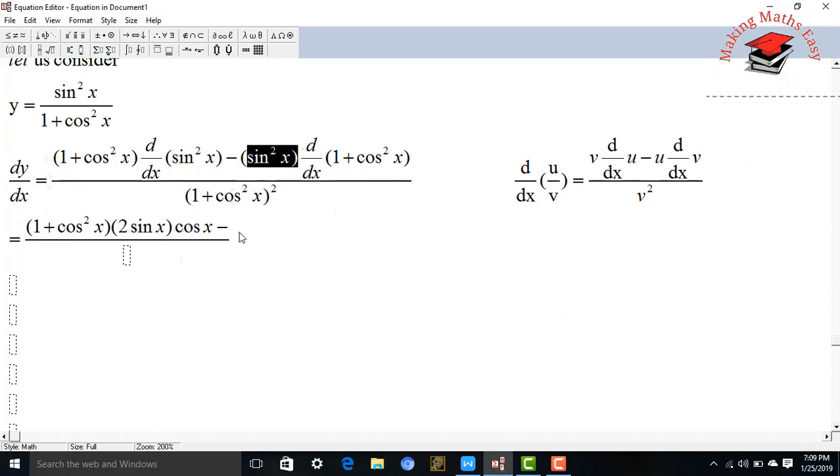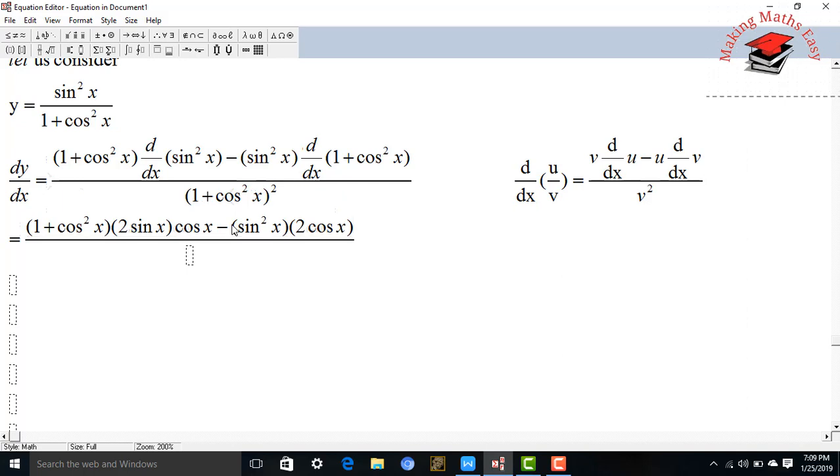So I am writing it here, it will remain as it is, and the derivative of 1 plus cos square x: 1 becomes 0, and cos square x gives 2 cos x into the derivative of cos x.